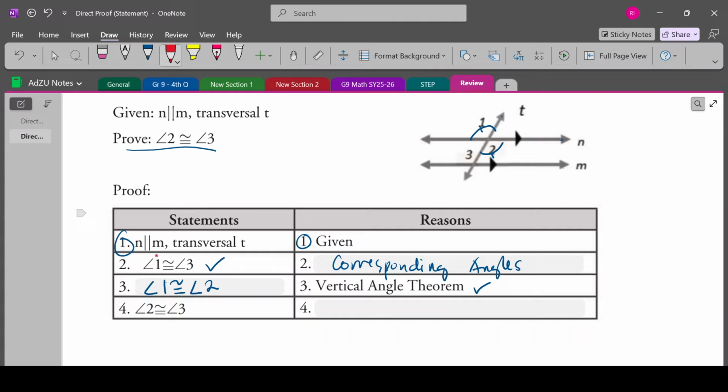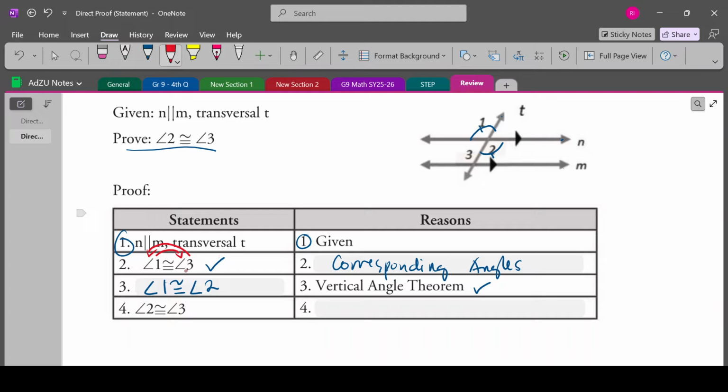Vice versa. This is congruent, this is congruent. So, andito na ako. Okay? Angle 1 is congruent to angle 3. Angle 3 is congruent to angle 1. So angle 1 now is congruent to angle 2. Okay? Because they are vertical angles.